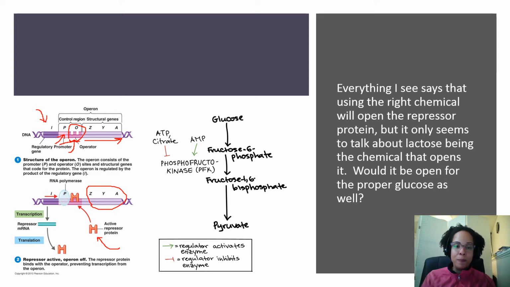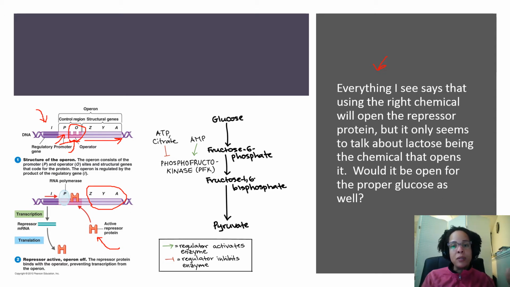So with what you wrote, you said everything you see says that using the right chemical will open the repressor protein, but that it only seems to talk about lactose being the chemical that would open it. Would it be open for the proper glucose as well? So what you're saying is right.